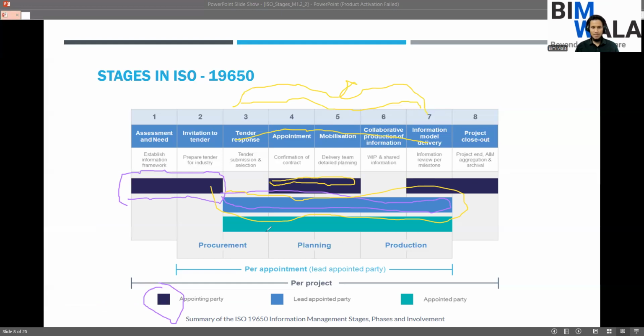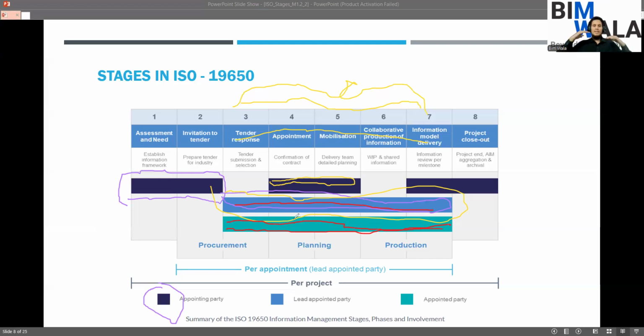Correct. VAP submission, appointment, mobilization, collaborative production of information, delivery, and similarly, the same thing goes for the appointed party as well, right? These are the stages, correct?